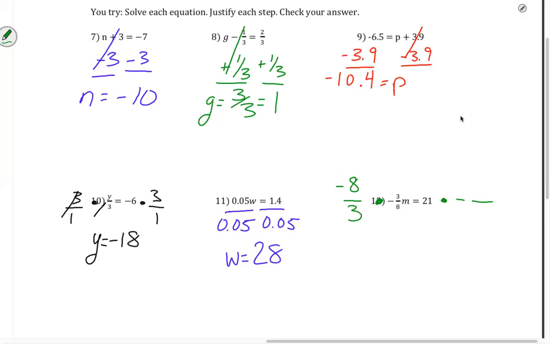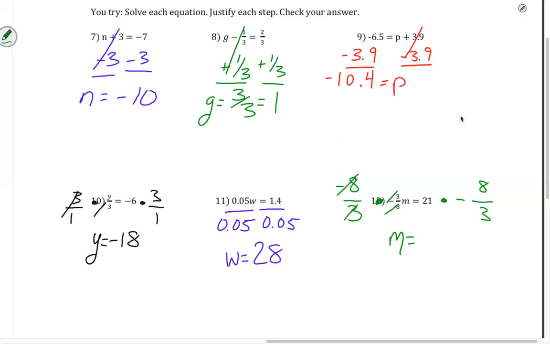Okay. Now, I like that because I see this 8 up here and I see that 8 down there. And I see this 3 and that 3. So I like that, because all those things with the variable cancel out. Now I have to figure out what is 21 times negative 8/3.